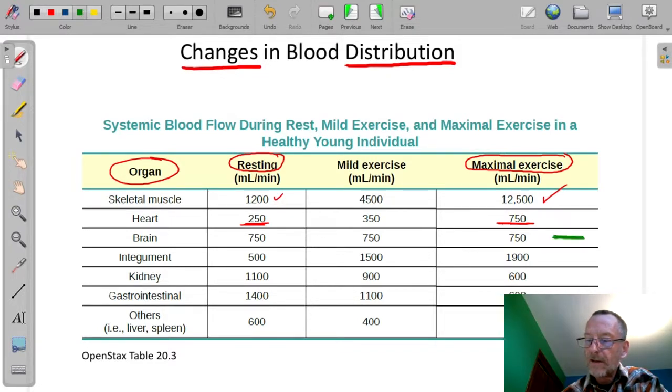The total amount of blood going to the brain, there's very little change from rest to exercise. What is interesting, though, in the brain is that though the total volume of blood going to the brain is fairly constant from rest to exercise, different regions of the brain receive different amounts of blood.